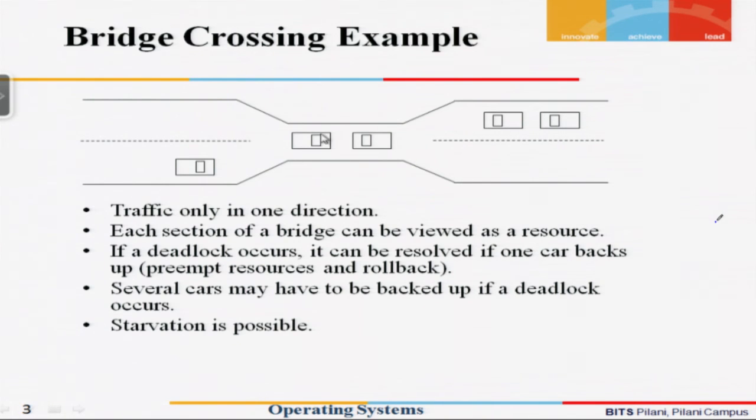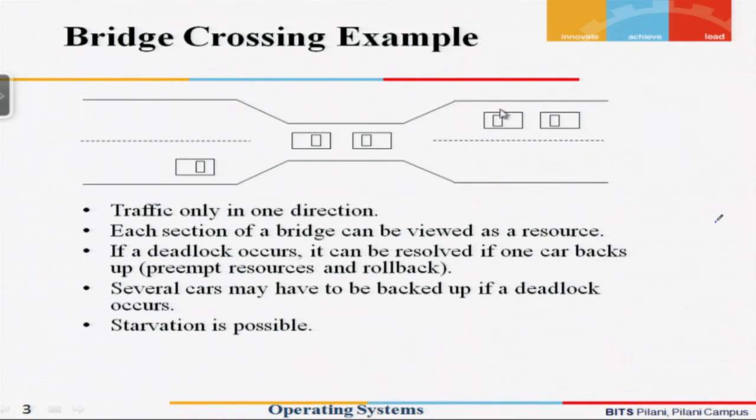And we should also notice that if somehow we say that okay, the resource will get preempted, and so this vehicle will be taken back, then we can very clearly see that this could lead to starvation, in the sense that out of these two vehicles, which one should go back? It is possible that we randomly decide that this is the process which will go back.